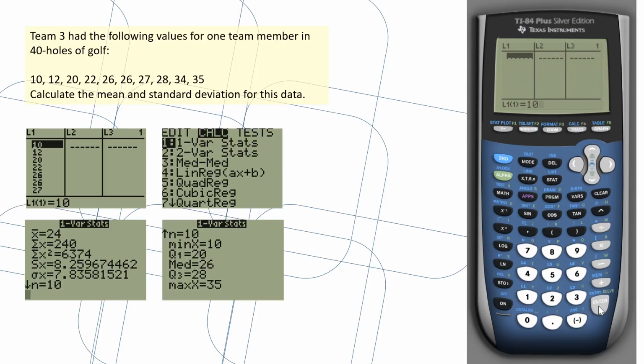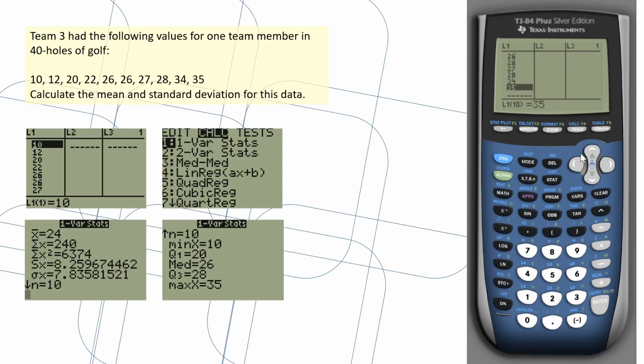I've got a 10, a 12, 20, there's a 22, 2 26s, a 27, 28, 34, and 35.